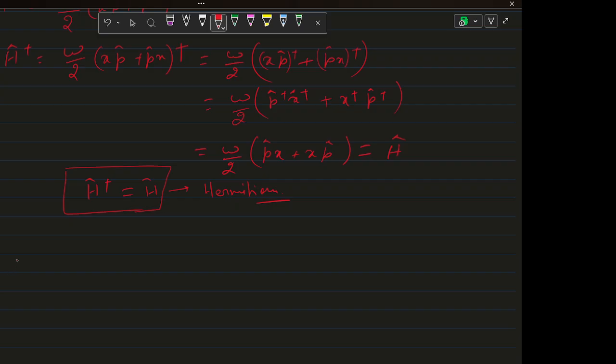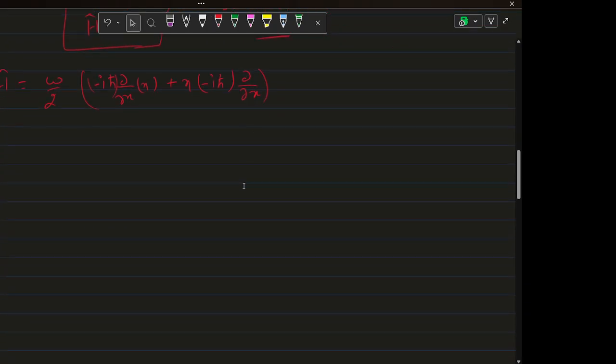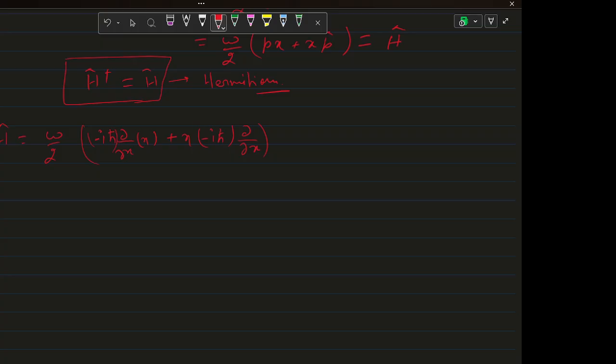Now what we will do is put the value of momentum in this and then operate it on the wave function psi to get the final result. So H cap is equal to ω/2 [(−iħ ∂/∂x) x plus x (−iħ ∂/∂x)]. So we will choose an arbitrary wave function psi and operate the Hamiltonian on that wave function.